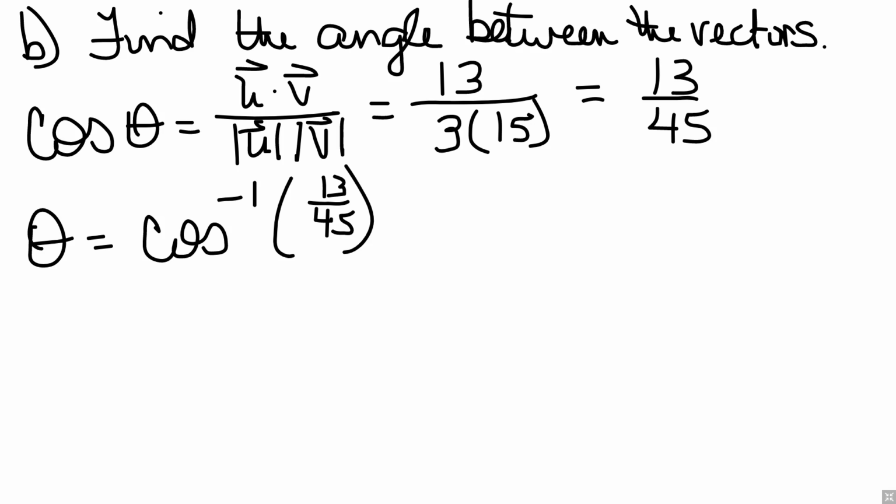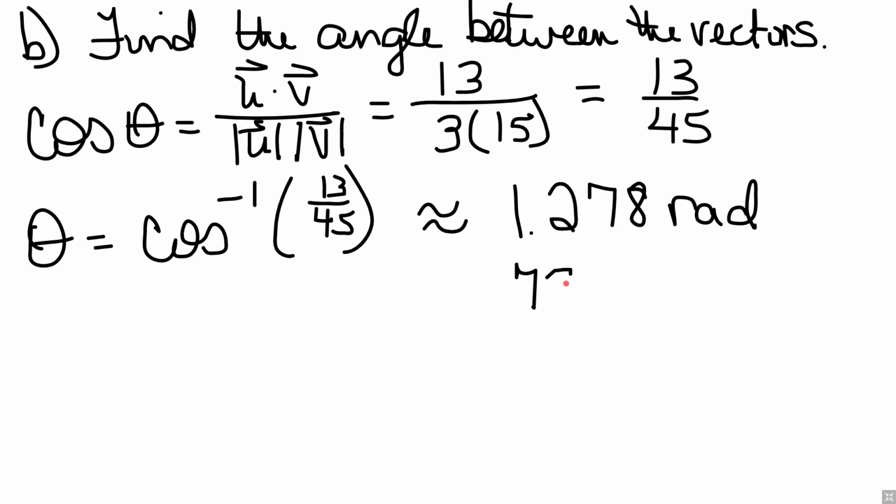If it says give it in radians, give it in radians. So for radians, it's going to be 1.278 radians. Degrees, it's going to be 73.21 degrees. And hopefully I didn't mess up my work.